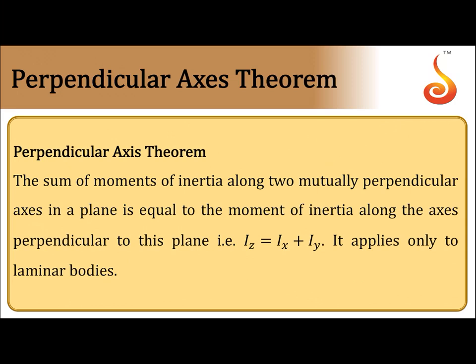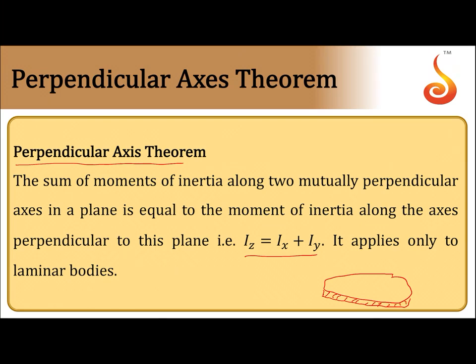Now for a planar body, you can calculate moment of inertia about different axes by knowing the moment of inertia through the center of mass. For that we have a theorem called the perpendicular axis theorem. According to this, the sum of moments of inertia along two mutually perpendicular axes in the plane of the object is equal to the moment of inertia along the axis perpendicular to this plane, that is Iz is equal to Ix plus Iy. Suppose you have a planar body, let us say this is its thickness.